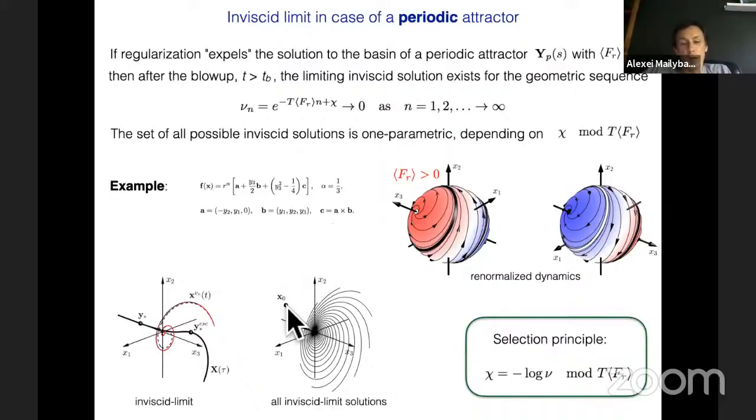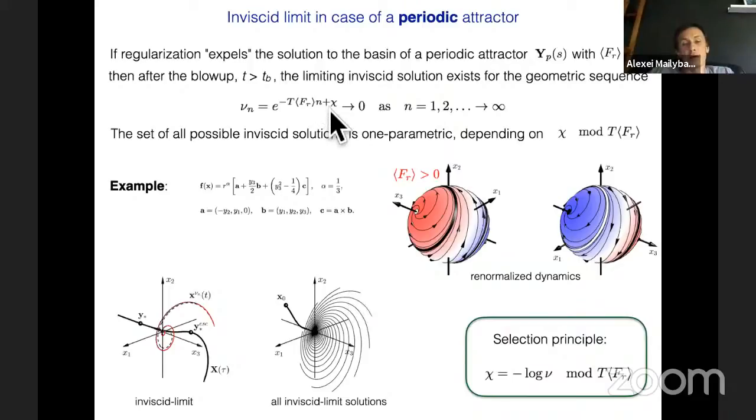So for the same initial condition, you enter the singularity, and then depending on which regularization you choose, which subsequence, you're choosing one of these spiral curves. So one of the family of solutions which you can choose.